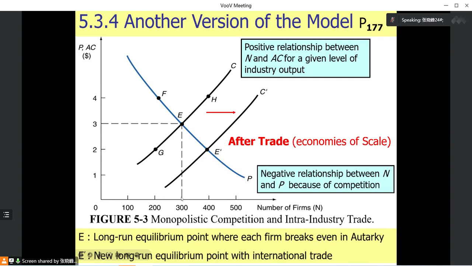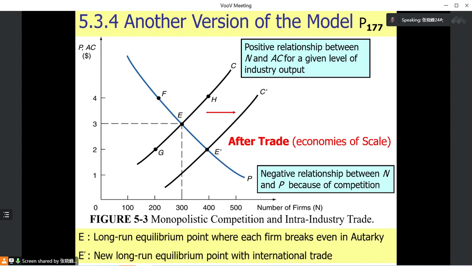N is the number of firms on the horizontal axis, and for the vertical axis, we can see the price and the average cost. P equals AC and equals MC.